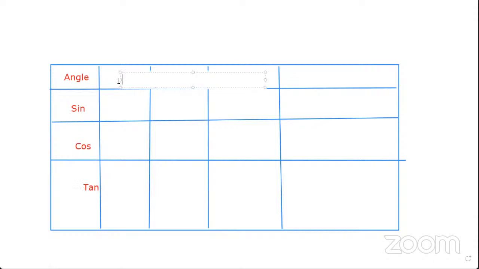And here the angles: 0, 30, 45, 60 and 90.